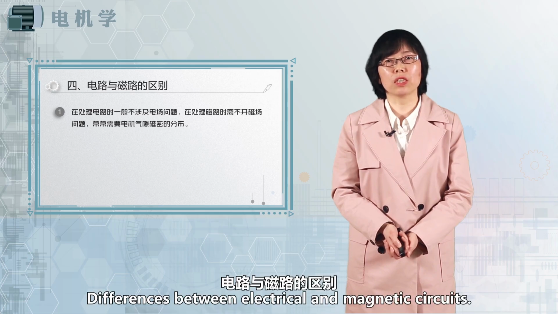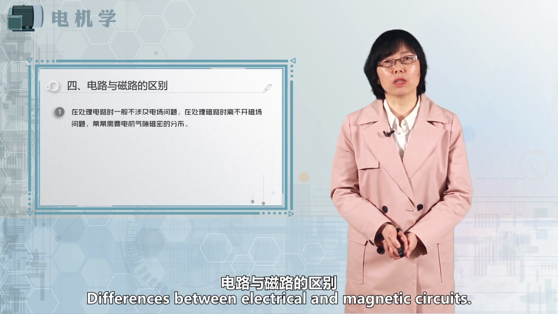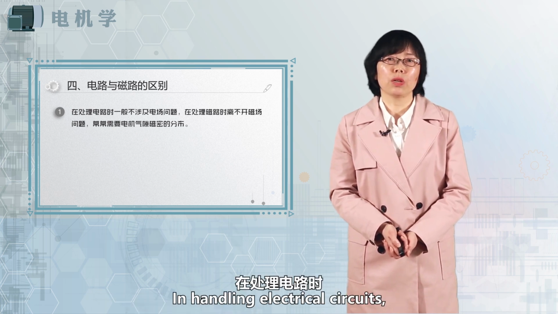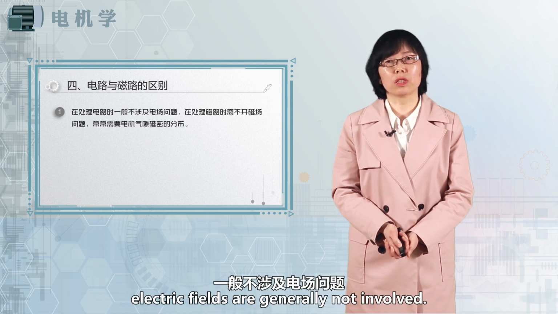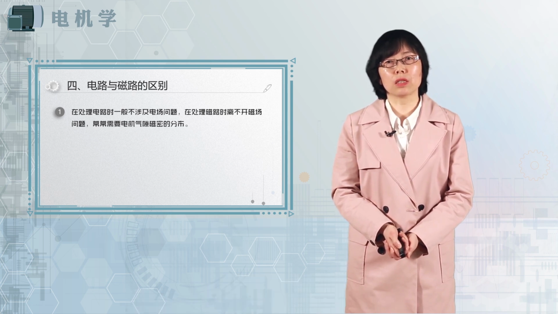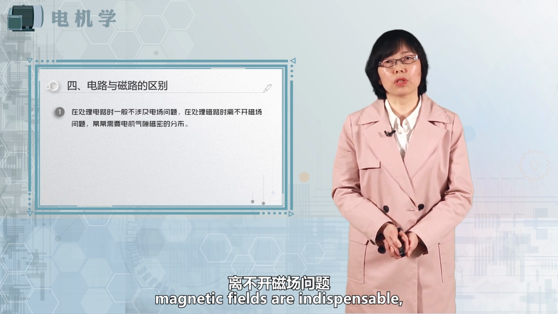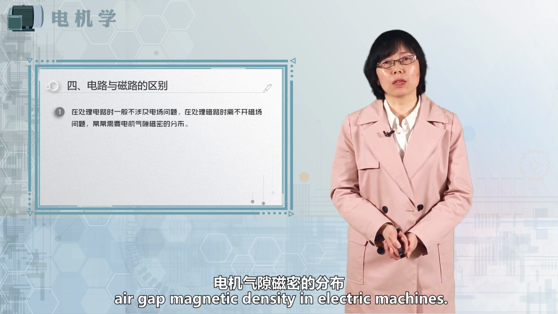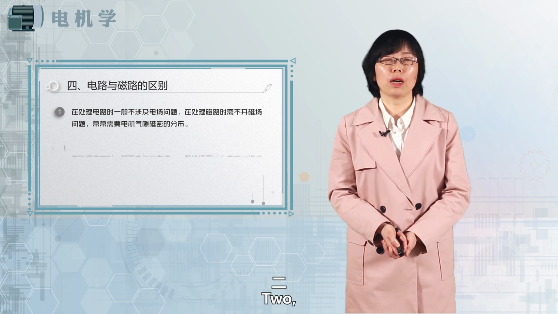4. Differences between electrical and magnetic circuits. 1. In handling electrical circuits, electric fields are generally not involved. In handling magnetic circuits, magnetic fields are indispensable, often involving the distribution of air gap magnetic density in electric machines. 2.